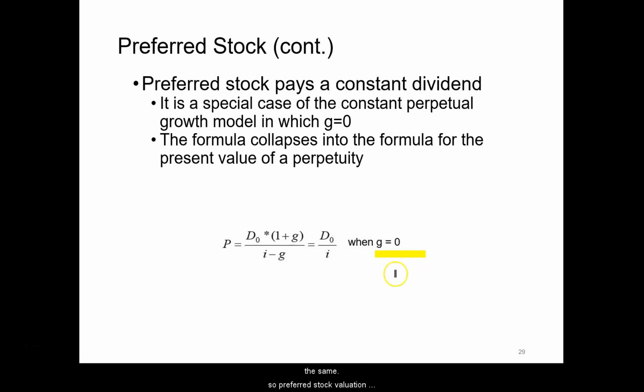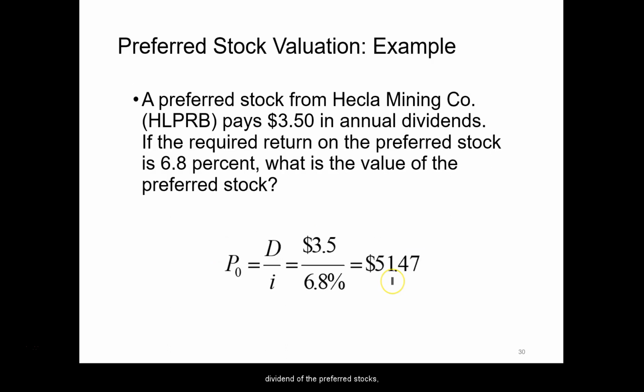And again, when g is 0, preferred stock price will simply be the dividend of the preferred stock divided by i, now the required rate of return for preferred stockholders. Once you understand that, the calculation is quite simple.